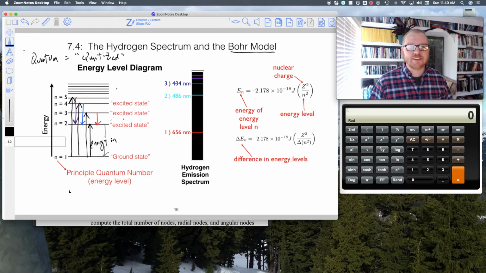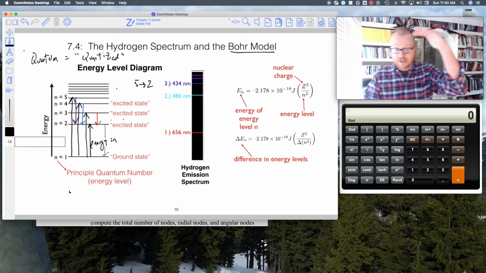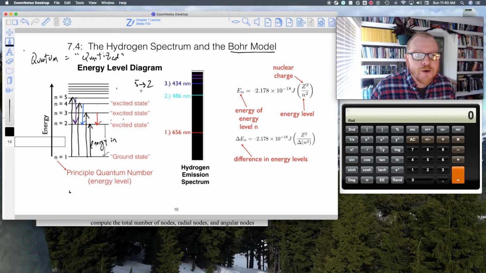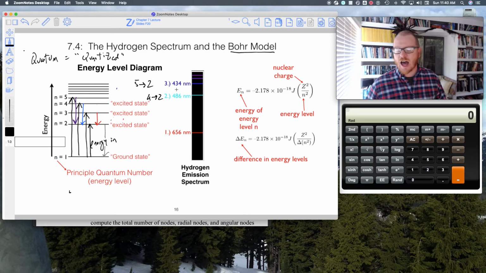Because as it turns out, this line here at 434 is related to going from level 5 to level 2. And this is specific for hydrogen. So other atoms will have different spacings in their energy levels and thus give you a different fingerprint. Okay. So going from 4 to 2 gives you this 486 line, this kind of cyan blue line, okay?